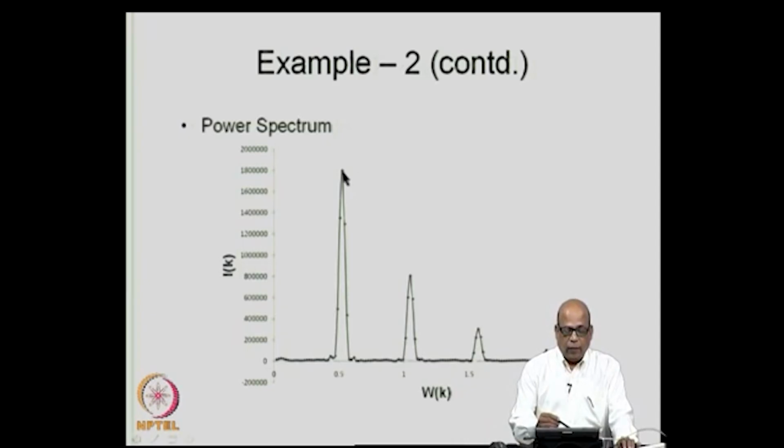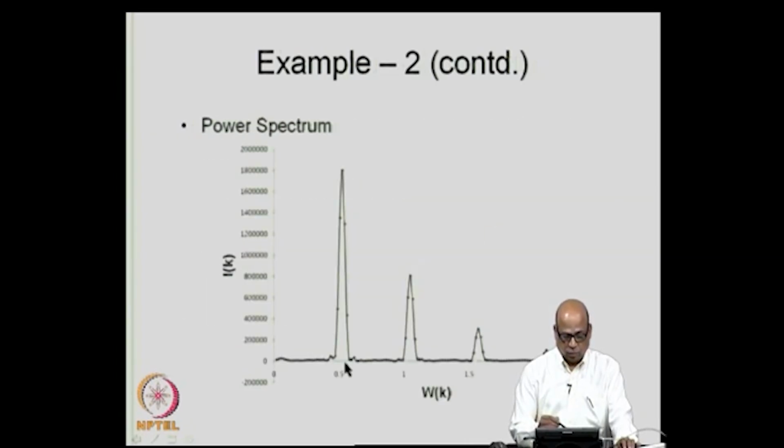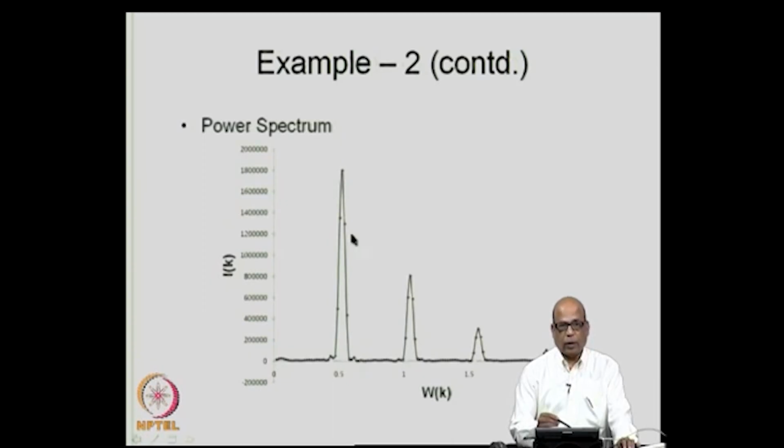So, we identify this particular omega k value where we are seeing the peak. In this particular case, it is 0.5236. So, this peak occurs at 0.5236 both for the line spectrum as well as for the power spectrum.